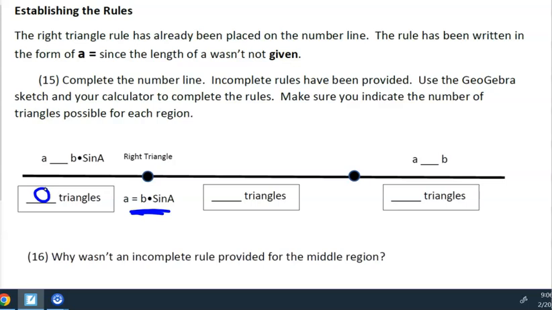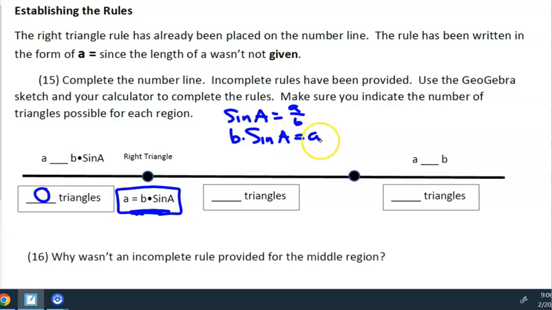So a equals b times the sine of A, because of the sine rule. Sine of A is equal to a over b, and if I cross multiply, I end up with b times sine of A equals a.